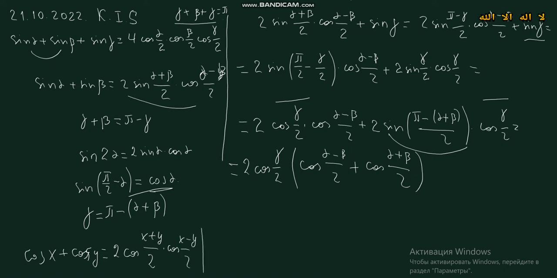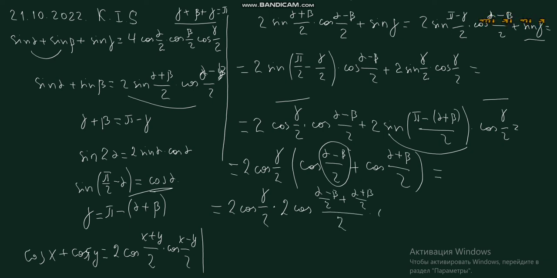So I have 2 cosine of gamma over 2 multiplied by 2 cosine of, instead of x, the whole angle alpha minus beta over 2 plus alpha plus beta over 2, divided by 2.